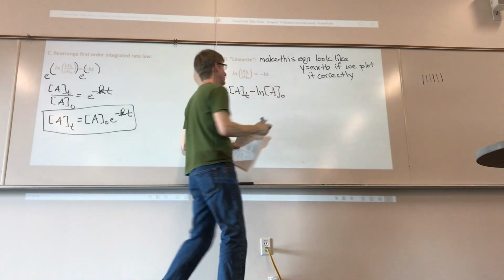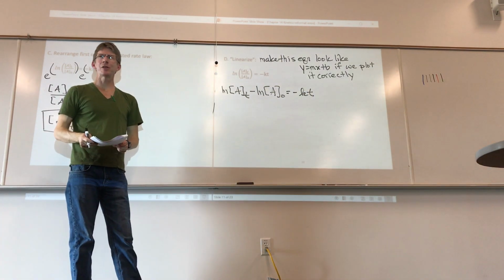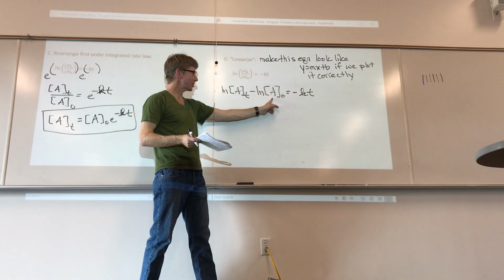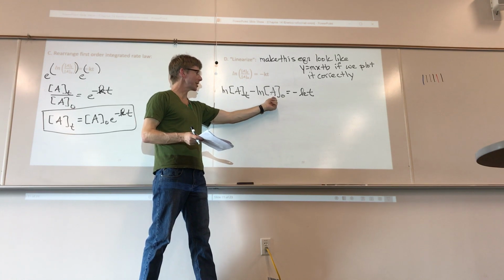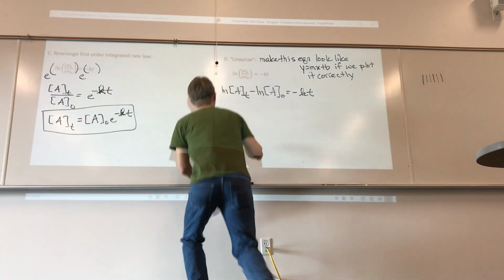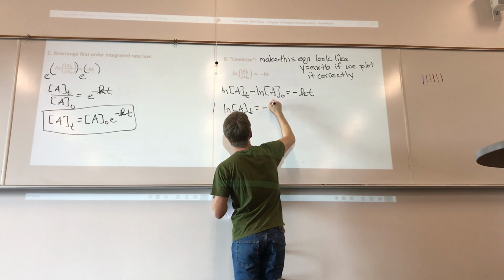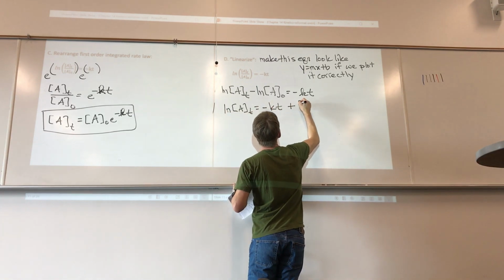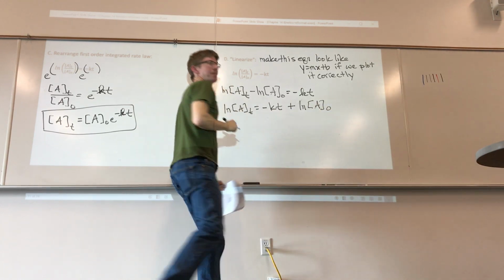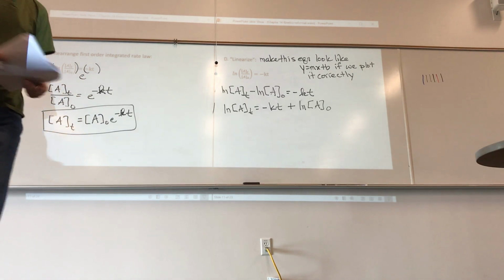Maybe. And then we don't do anything to the other side. And then lastly, I'm going to take this term with the natural logarithm of the initial concentration and add it to both sides to get it on the other side. Like so. Still nothing up my sleeve, and we're done.